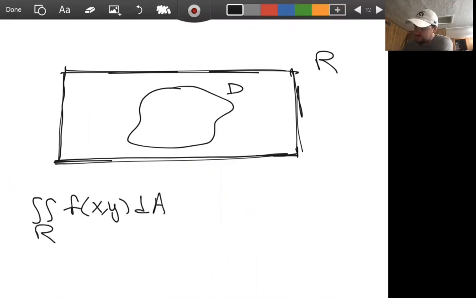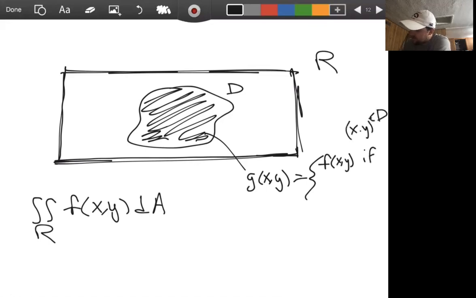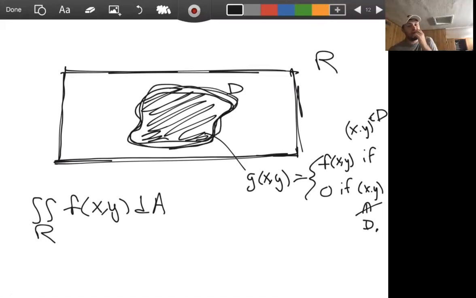What we're going to do is, if we have this region D inside some rectangular region R, we can define a function g of xy that is f of xy if xy is in D, and 0 if xy is not in D. And this will give us a way of defining the integral of f, but just over this region D, where the boundary of D can be arbitrarily complicated.